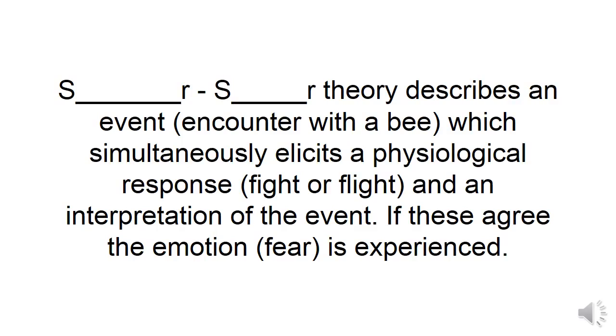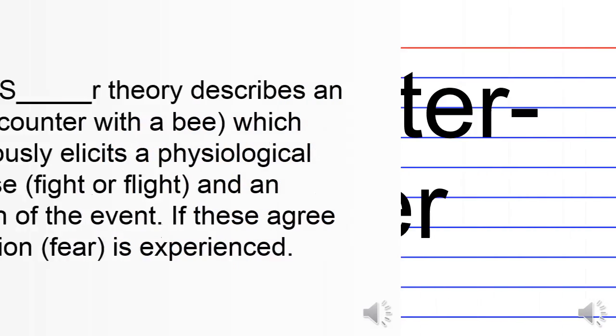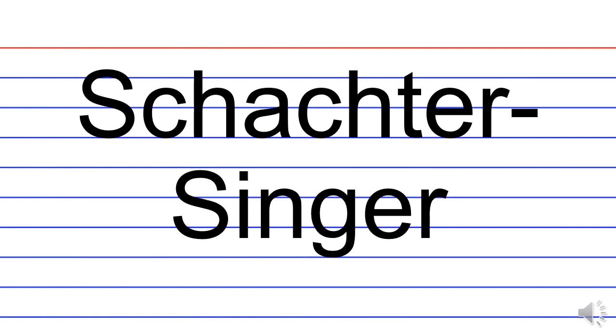So this is just a slightly different sequence, and the physiology has to agree with the interpretation in order for the emotion to be experienced. So what phenomenon is this? That would be Schachter-Singer theory. So Schachter-Singer theory. So it slightly opposes Lazarus theory.